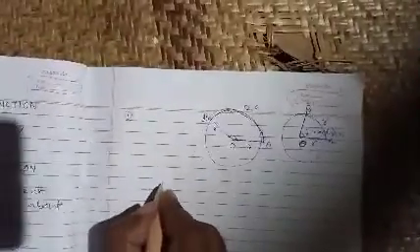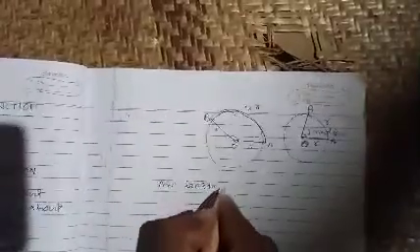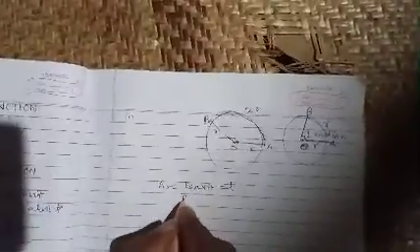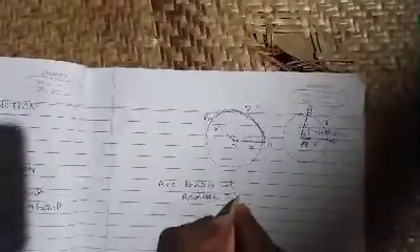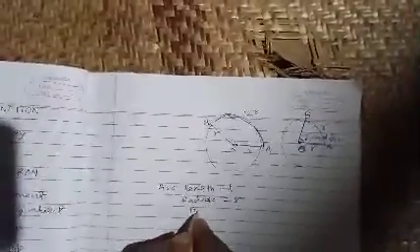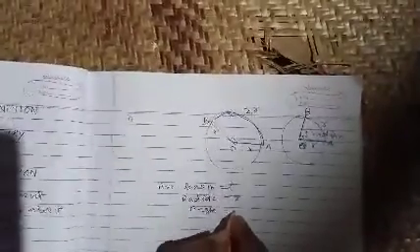Suppose arc length is equal to L, radius is equal to R, and the angle subtended by the arc at the center is theta.